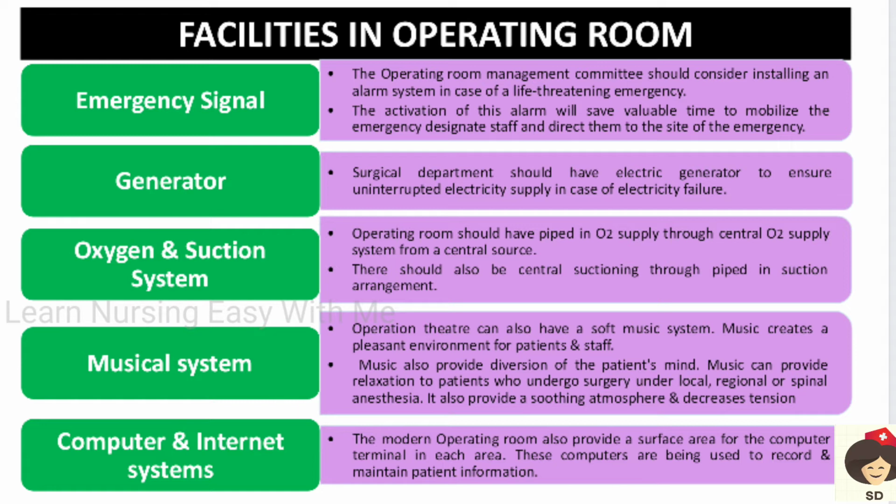Okay, and a musical system, mainly in the operation theater, mild music will give a pleasant environment for both patients and staff, so it will relieve tension and also provide relaxation for the patient. Okay, and a computer and internet system should be there in order to document and record the patient's information.